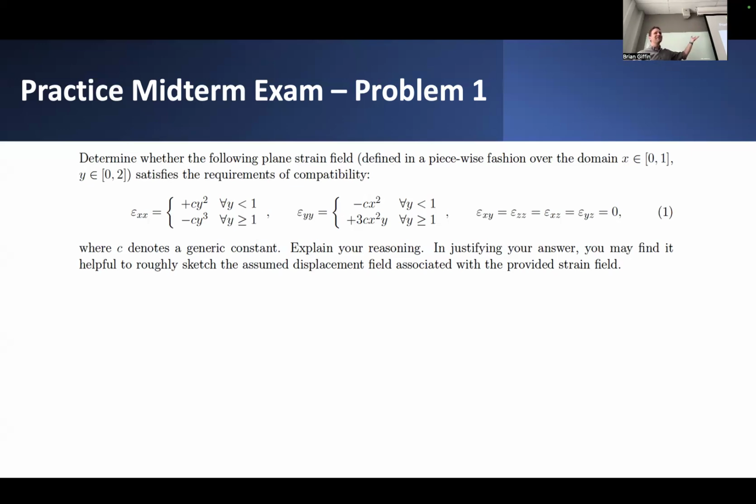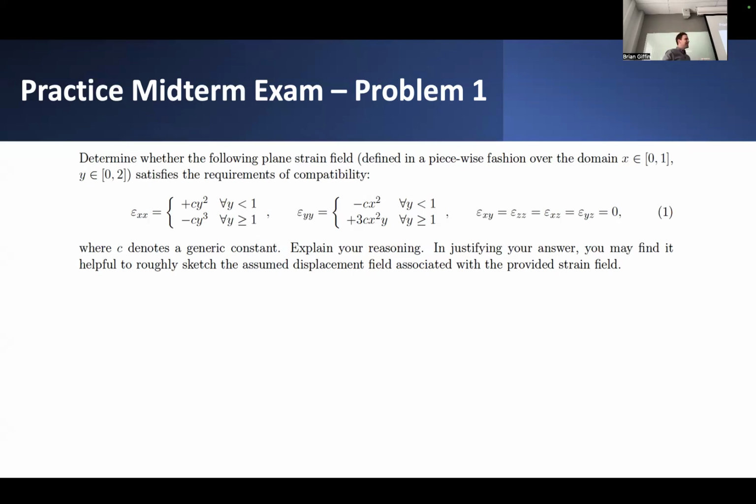Yeah, we could use the compatibility equations in 2D, which ends up being really just one equation that relates the epsilon xx, epsilon yy, and epsilon xy strains. And we could check that. If what I'm asking for is, does the strain field satisfy compatibility, but I don't give you what the actual displacement field looks like, and I don't give you any boundary conditions that you could use to figure out the specific displacement field that gave me this strain field, then maybe that's the most reasonable approach.